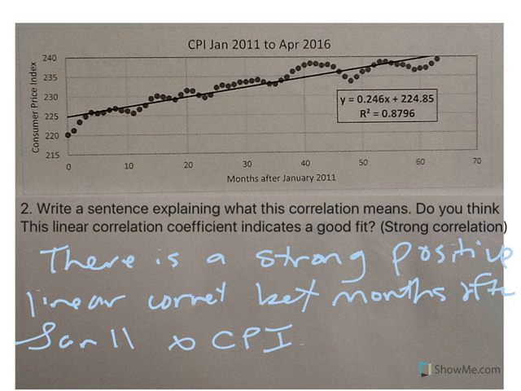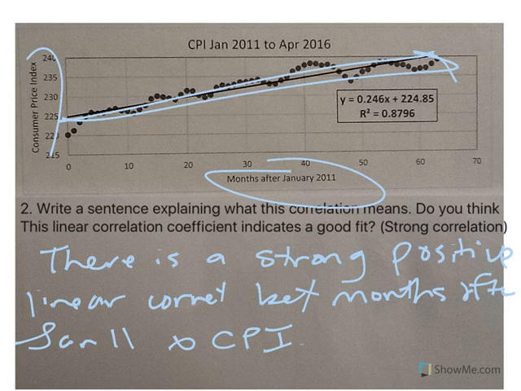I tell you it's strong because of the value. 0.9 and above is strong. I could even say very strong or extremely strong, but it's strong. It's positive because it's going up, and it's linear. It's showing that there is a linear correlation between, and then you're going to want to name your two variables.